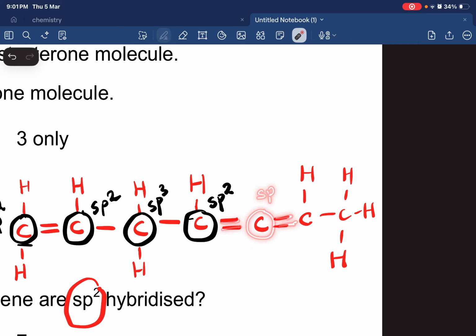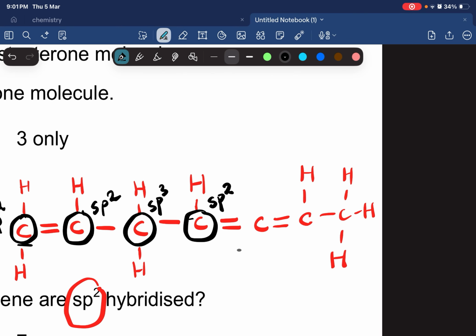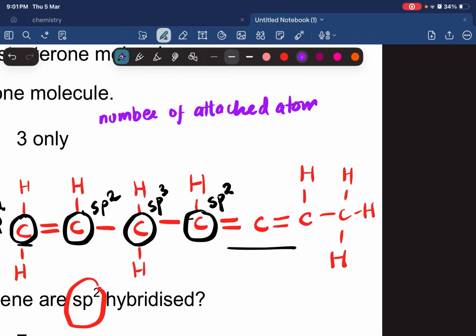How do I know? Because the formula for hybridization is simple. If you don't get it for this carbon, just use the formula. According to the formula, it's the number of attached atoms plus the number of lone pairs. That's the amount of orbitals that are going to be involved.